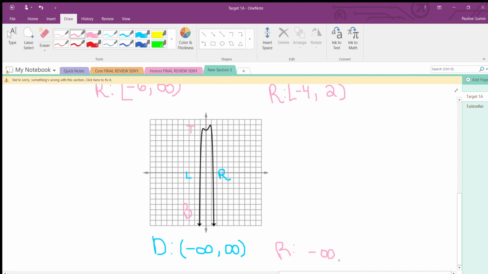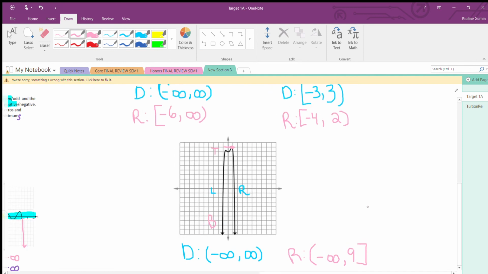Well, what's the largest y you see? Well, the largest y I see is right here, and that is 9. Infinities always get parentheses. This 9 exists on our graph. There's this point right here on this maximum, so it gets a bracket.